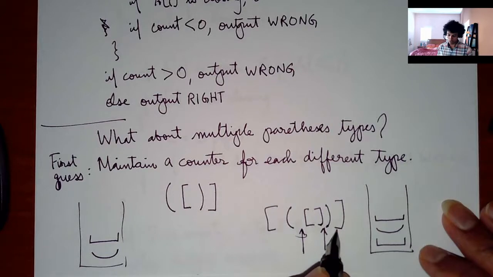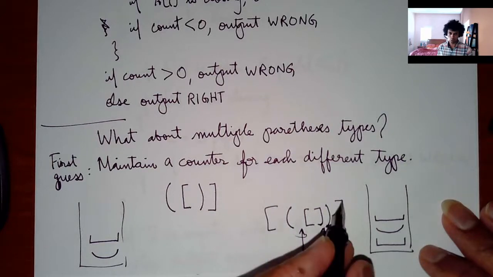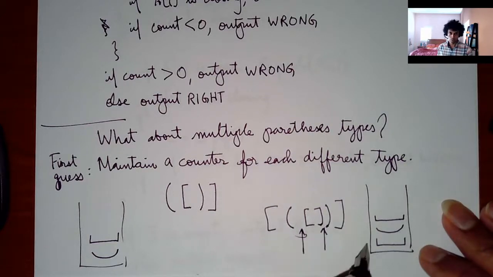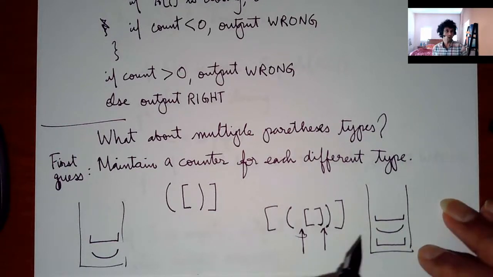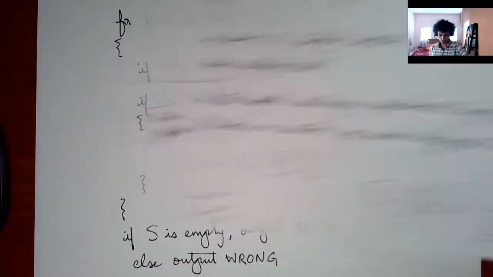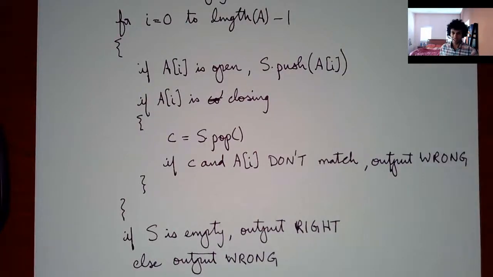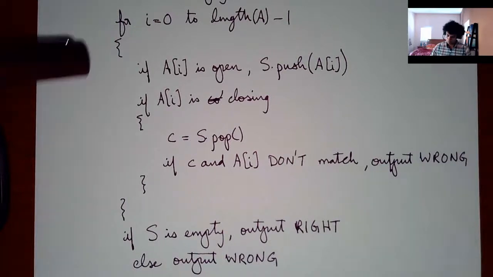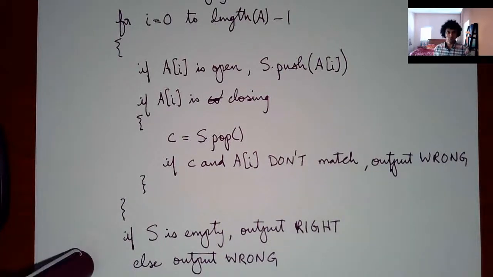And finally, this closing square bracket is going to match with this opening square bracket, which gets popped, and the stack becomes empty. Okay, so this is the basic algorithm to use a stack for matching parentheses. Any questions about this?